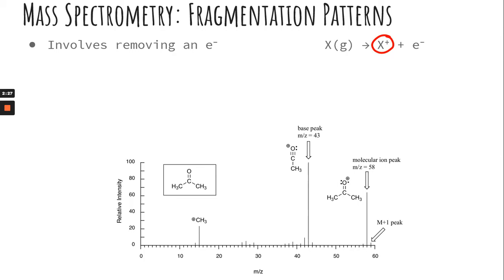And then you should remember that the positive, lighter mass, more charged particles will deflect more in the mass spectrometer. So the more charge you have and the lighter the molecule, the more it deflects.